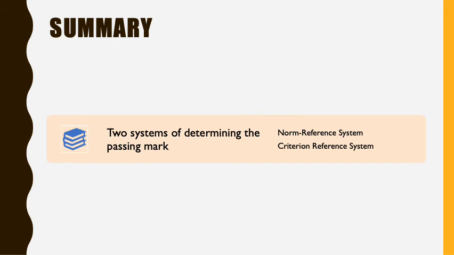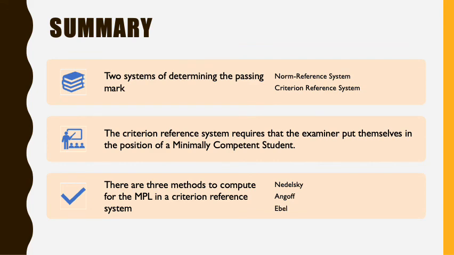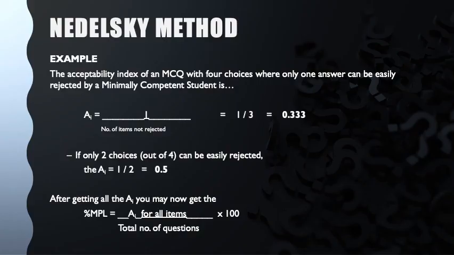So in summary, we've discussed two systems of determining the passing mark, the norm reference and the criterion reference system. Okay, in the norm reference system, you just get the mean of all the scores, and then you set the passing mark at 0.5 to 1 standard deviation below the mean. In the criterion reference system, you have to put yourself in the position of a minimally competent student, and there are 3 types. No? You use the Nedelsky, the Angoff, and the Ebel. In the Nedelsky method, this is just for multiple choice questions.